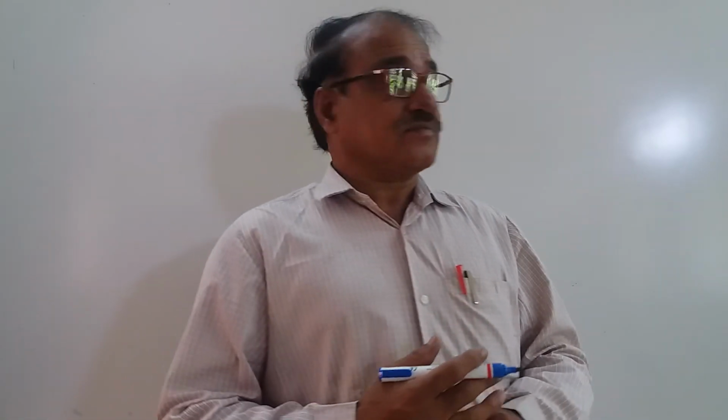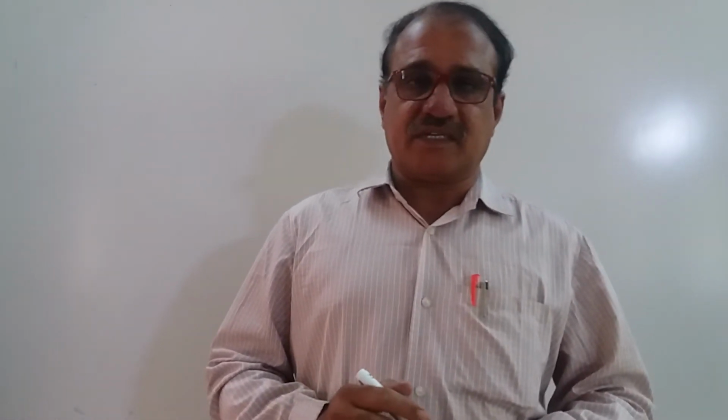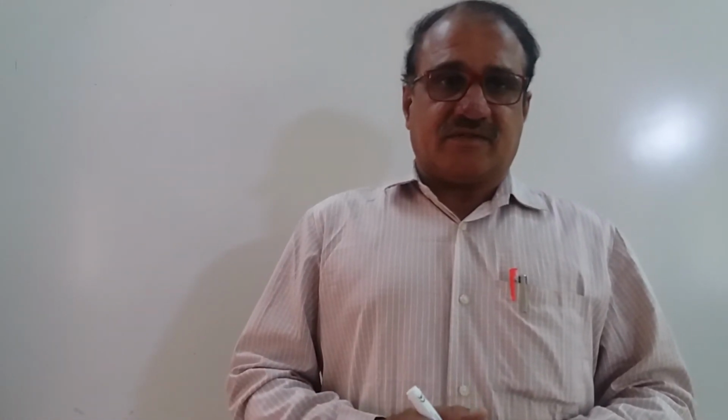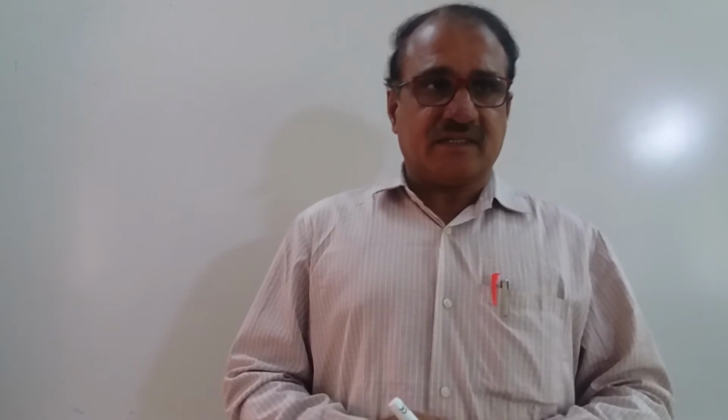compound angles. That is, we have to recall sin C plus sin D is nothing but 2 sin (C plus D)/2 into cos (C minus D)/2. Similarly, sin C minus sin D is equal to 2 cos (C plus D)/2 into sin (C minus D)/2.